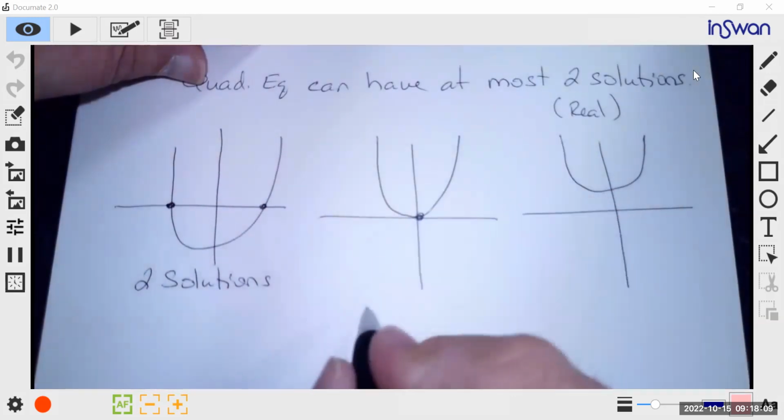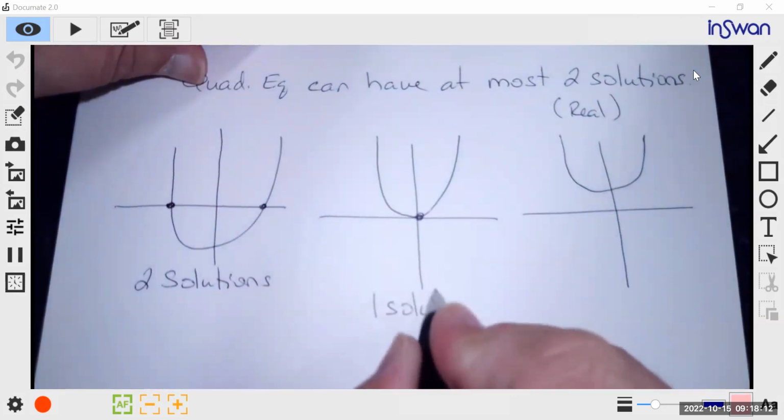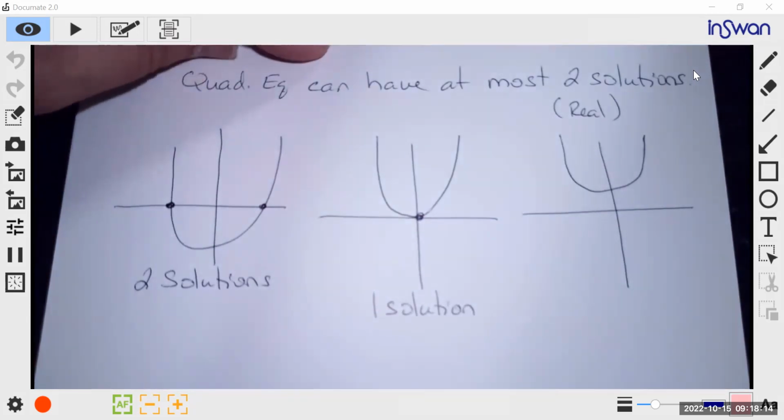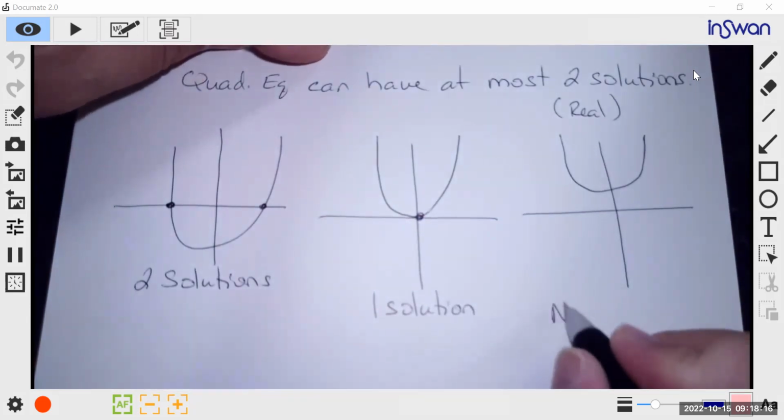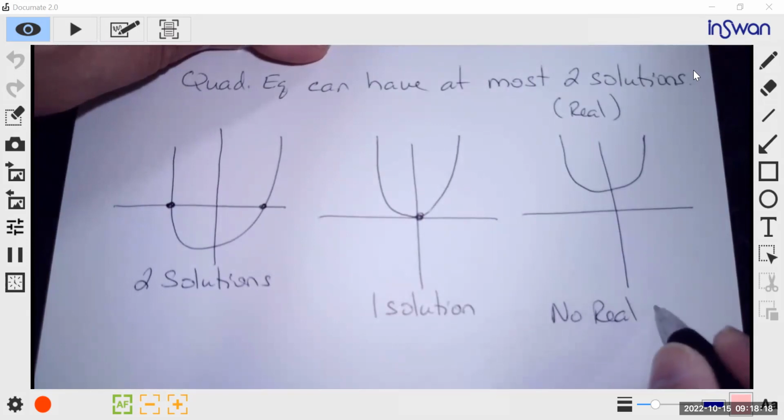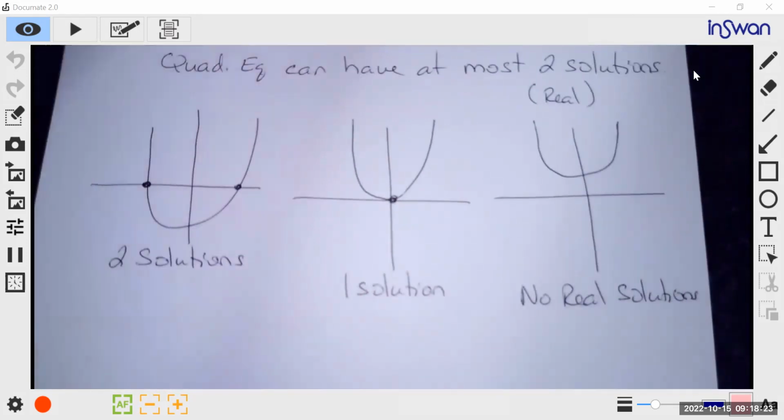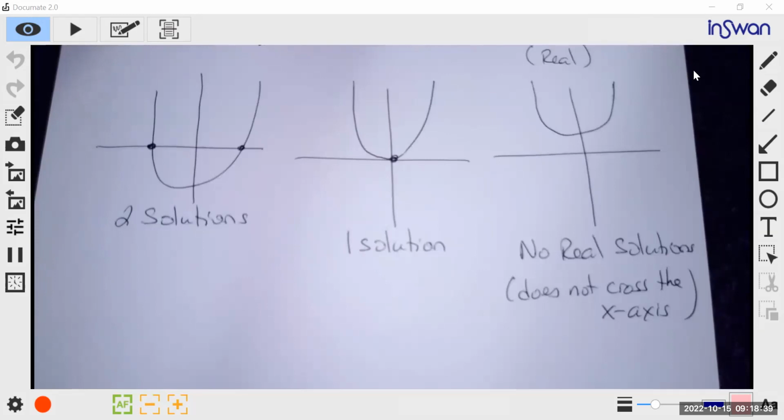It can have only one solution. Or it can have no real solutions, meaning it doesn't cross the x-axis. Those are the three possibilities that can occur.